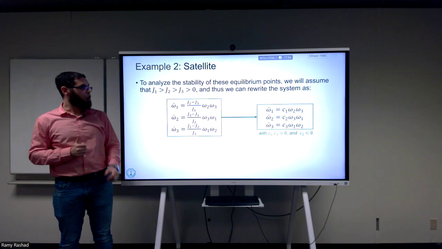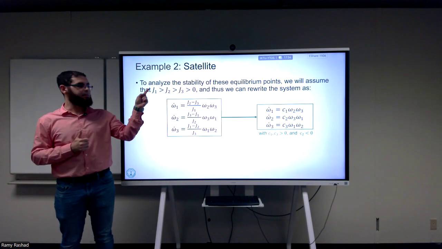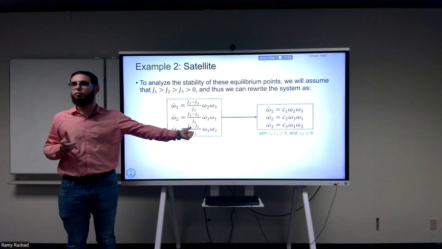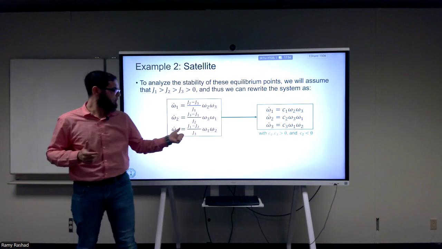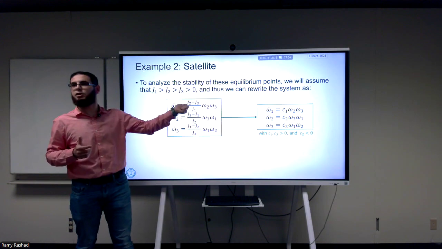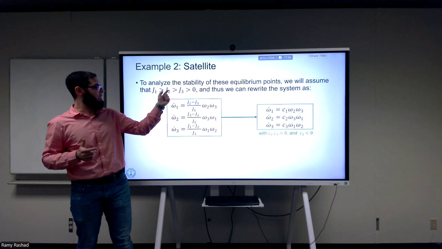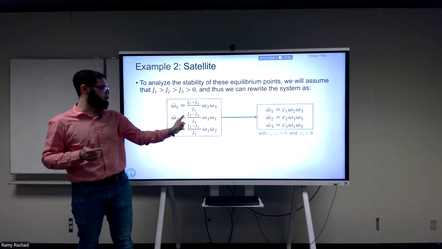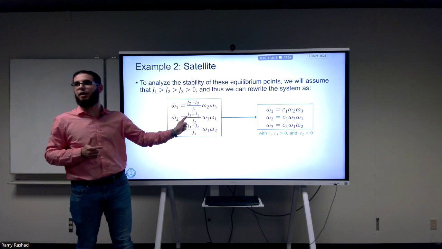If J1 is bigger than J2, then this is a positive value. So C3 is positive. If J2 is bigger than J3, then this is a positive value. If J1 is bigger than J3, then we have here a negative value.